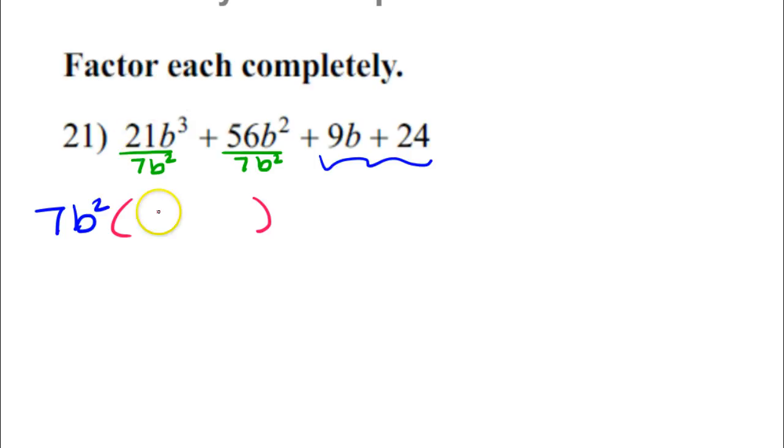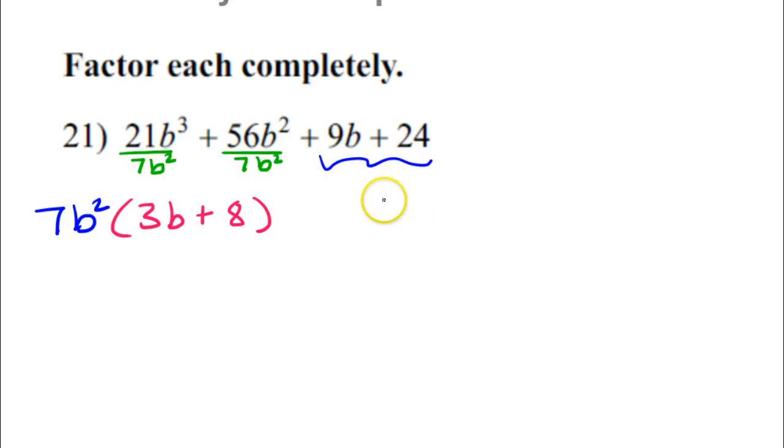So 21 divided by 7 is 3, right? B to the third power divided by b squared is just b. The b squareds just cancel out completely, and I will have 56 divided by 7 is 8. So I have 3b plus 8. That's one way to think about it.